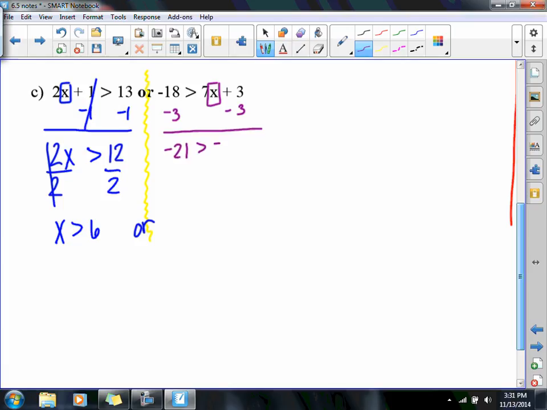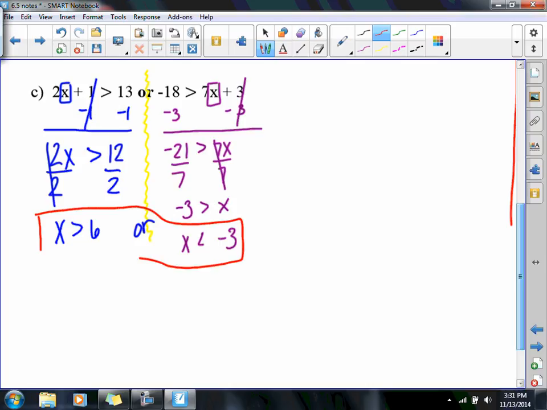It's greater than 7x, so the 3's are gone. And then I'm going to divide by 7 to finish isolating the x. So I'll have negative 3 is greater than x, but I need to flip that around. So x and negative 3 are going to switch places, and then the inequality is going to flip. So my answer is actually this part right there. Those two combined are my answer.